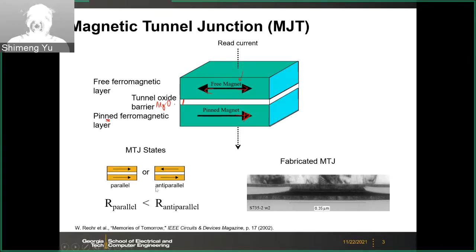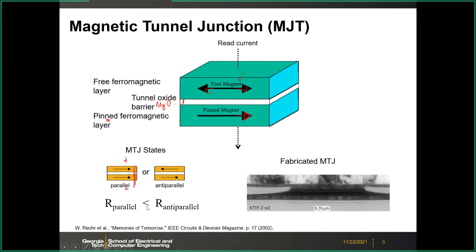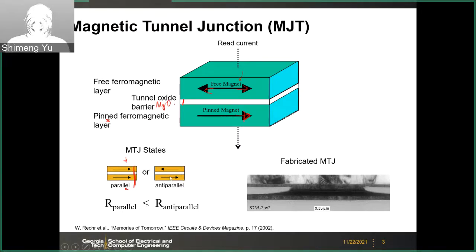As we briefly discussed before, for those two configurations, if the two layers are in the parallel state, and you measure the resistance across this stack, the resistance in the parallel state is smaller than in the configuration where the two ferromagnetic layers are in the anti-parallel state.